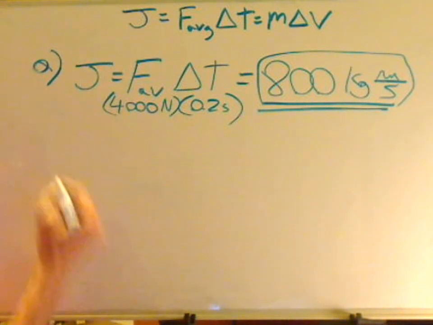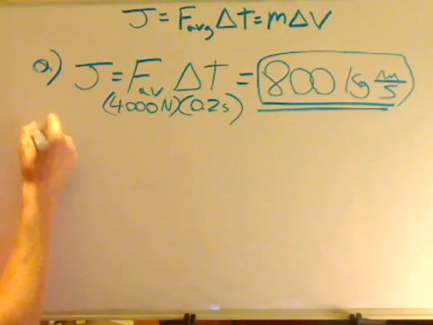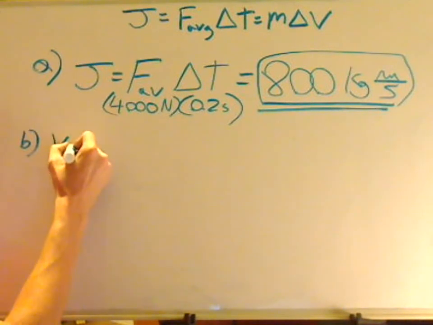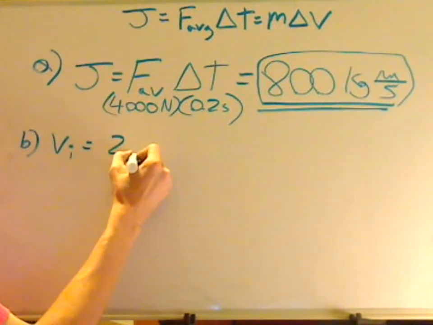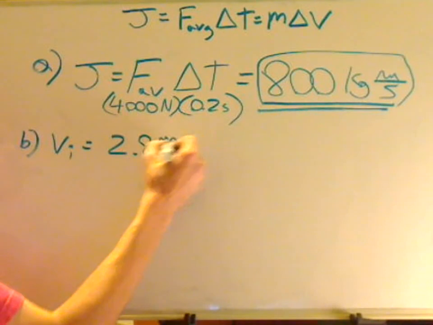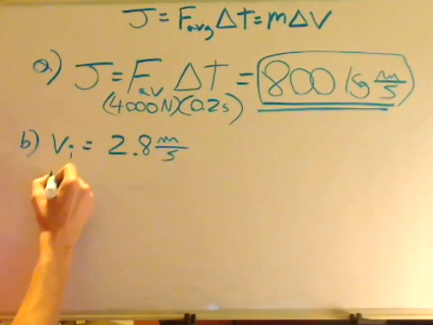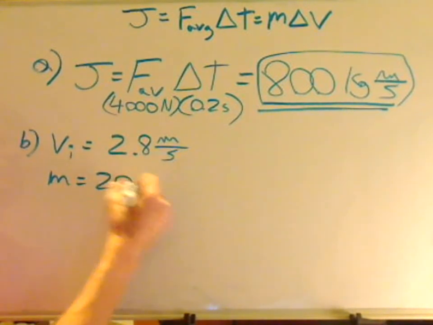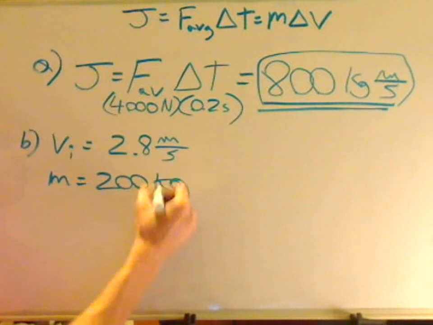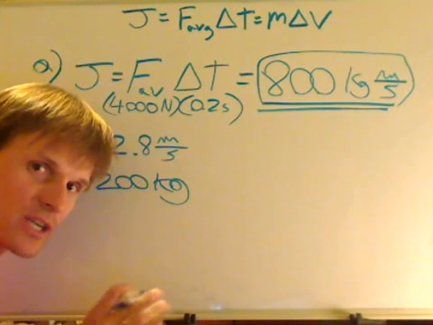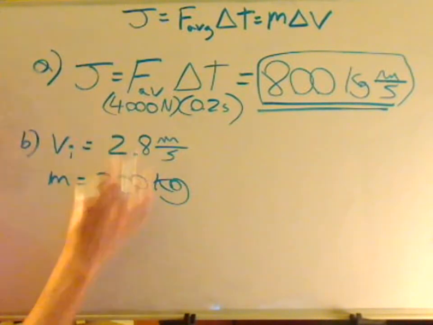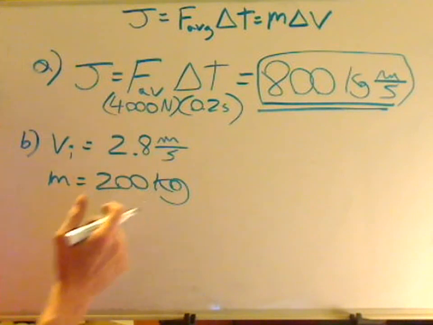So here's what we're given in part B. The initial velocity of the car is 2.8 meters per second, and the mass of car plus driver is 200 kilograms. So let's look at this situation in a little more detail first before we just jump right in and plug stuff in here.